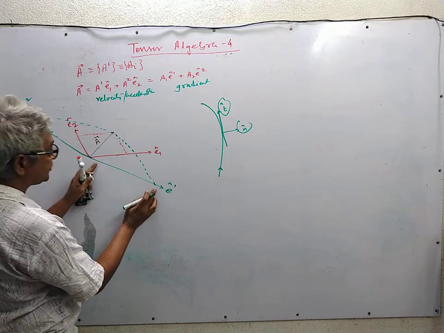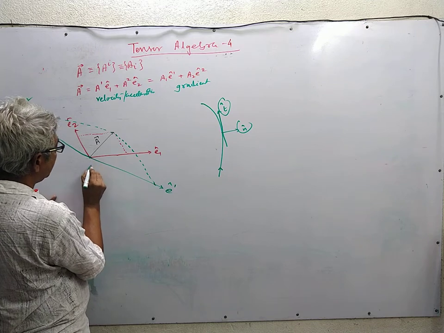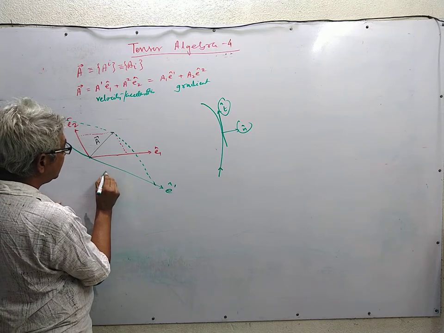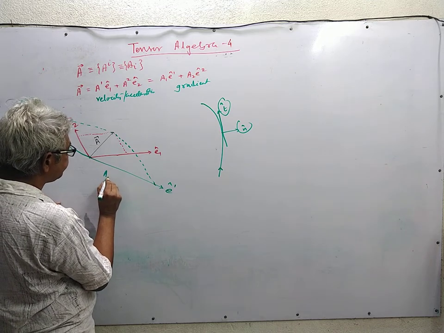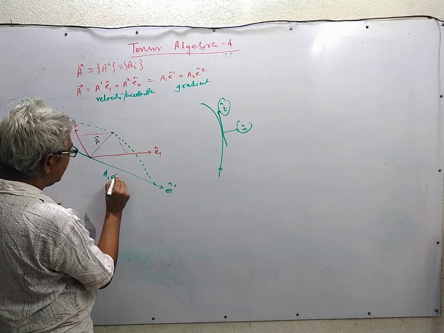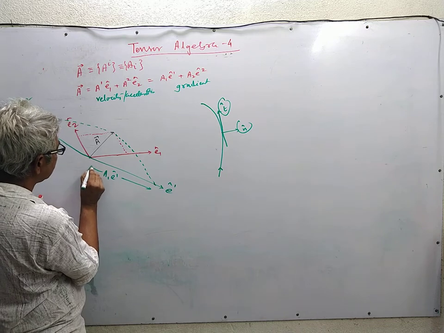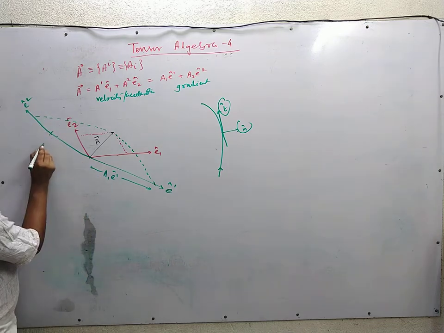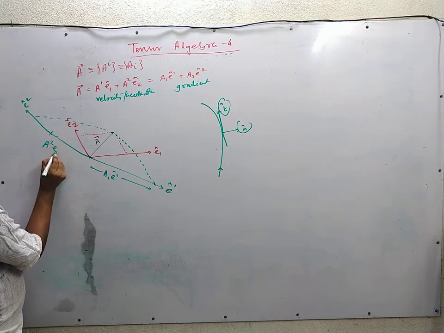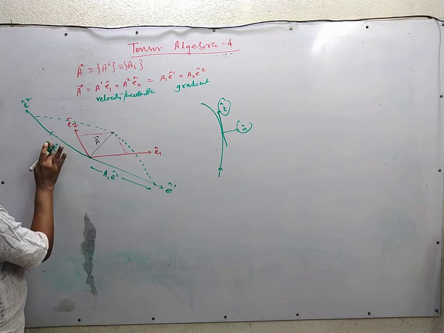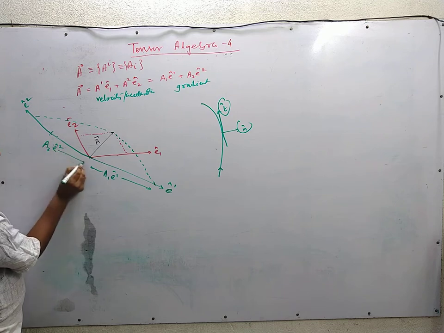So this much is A1 E1 cap, and this is A2 E2 cap.